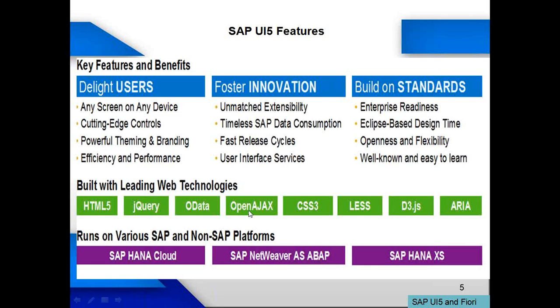And SAP UI5 runs on any database. SAP UI5 is built on a Java-based and HTML5-based platform, on top of the data. Irrespective of the platform, you can access the data, so SAP UI5 can run on any platform and any operating system.